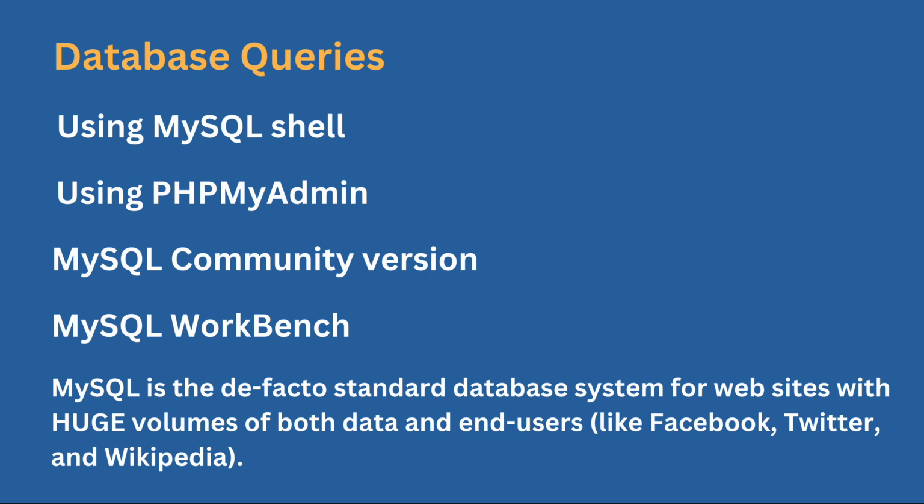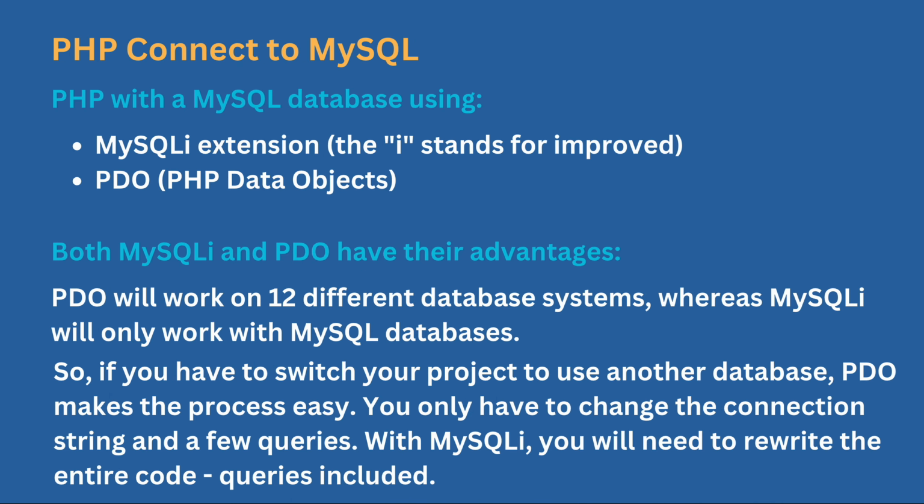Now, MySQL is a de facto standard database system for websites with huge volumes of both data and users, like Facebook, Twitter, Wikipedia. All of them are using MySQL database. Now, PHP connect to MySQL. How can PHP connect to a MySQL database? There are two ways to connect to MySQL.